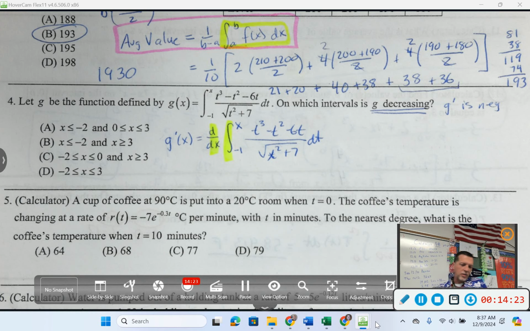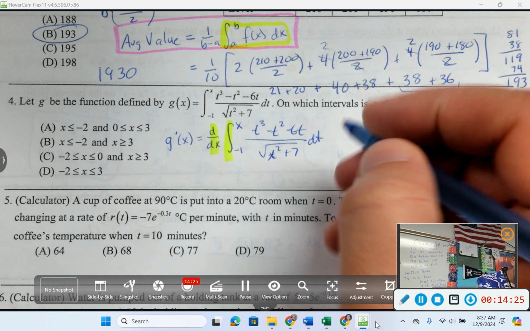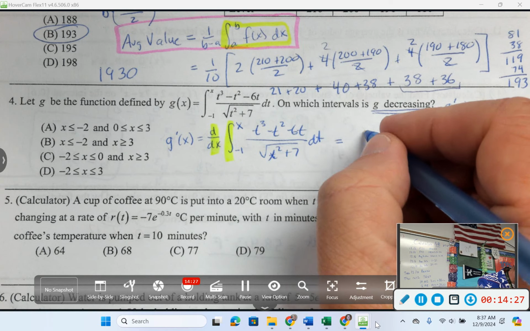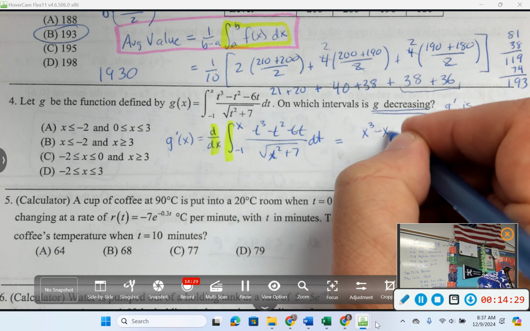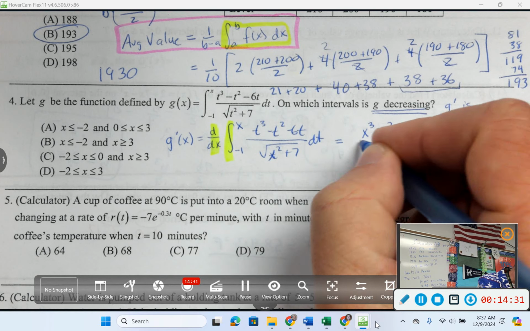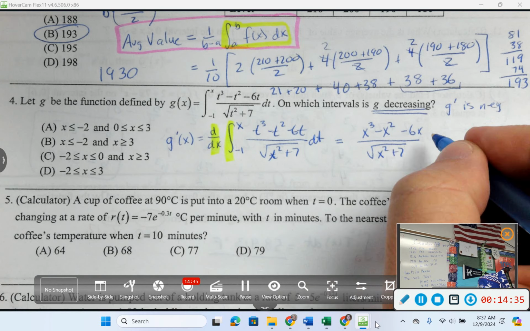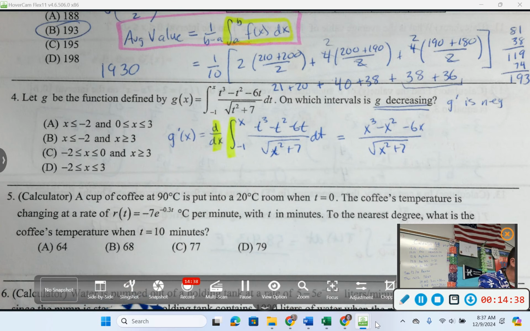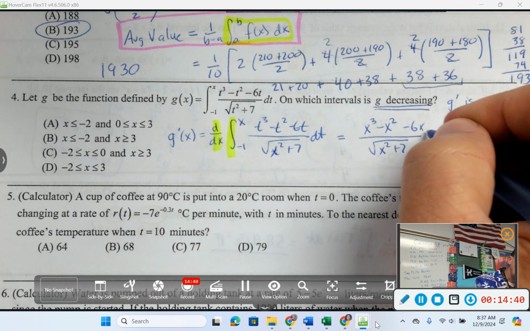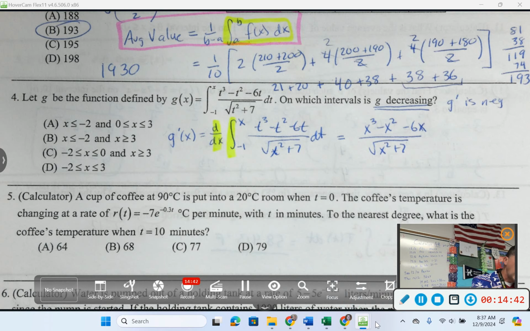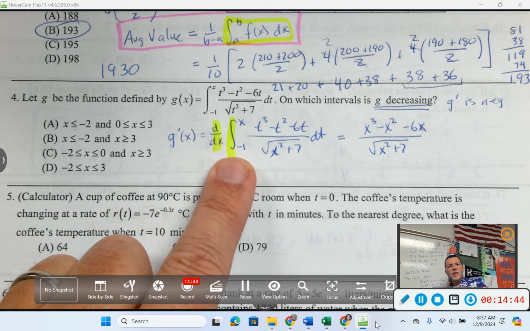Plug in the top minus plug in the bottom. Don't forget the chain rule. So x cubed minus x squared minus 6x over the square root of x squared plus 7. Chain rule is times 1. And what happens when I plug in negative 1?